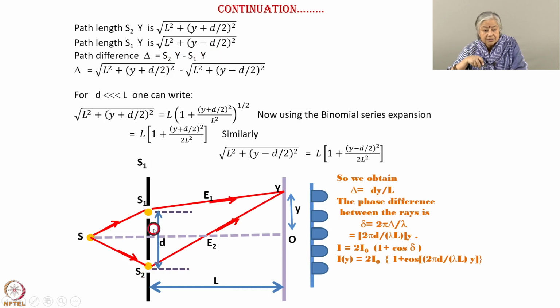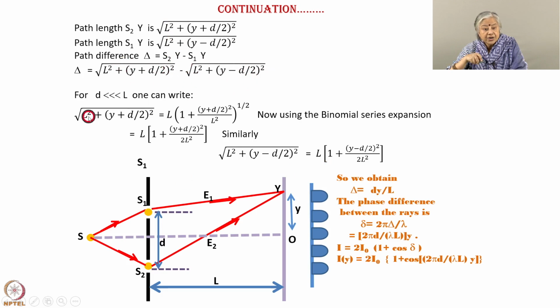Again you have another right angle triangle, and a square plus b square is equal to hypotenuse square. You are using that same formula. So, just from this geometry itself you can get the path difference. Now, the path difference is S2y minus S1y. We are always looking for the path difference. So, this thing minus this.